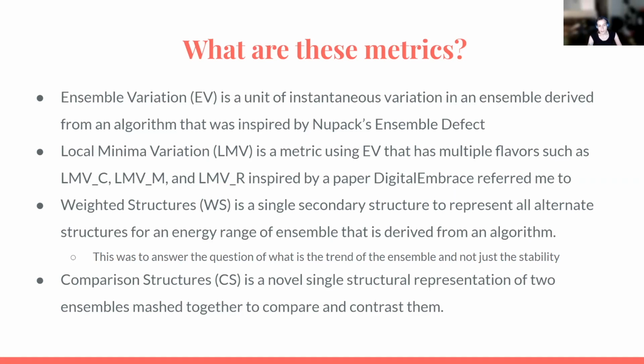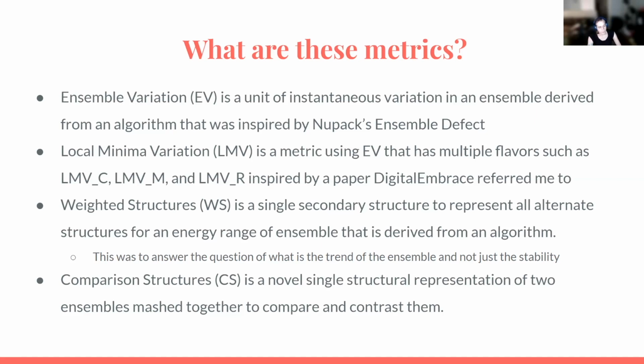Ensemble variation is a unit of instantaneous variation that was inspired by NUPACK's ensemble defect, but I found that NUPACK's ensemble defect was insufficient and honestly badly implemented from a statistical point of view.